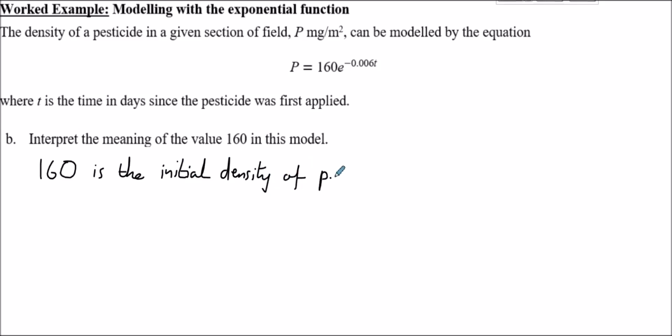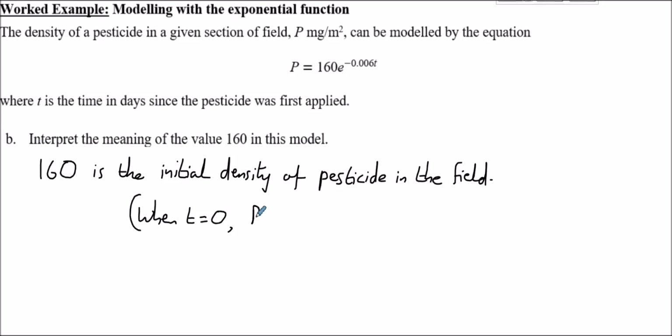In the field. If you want convincing, I'll just show you very briefly. When t is 0 at the start of this modelling, p is going to be 160 e to the minus something multiplied by 0.